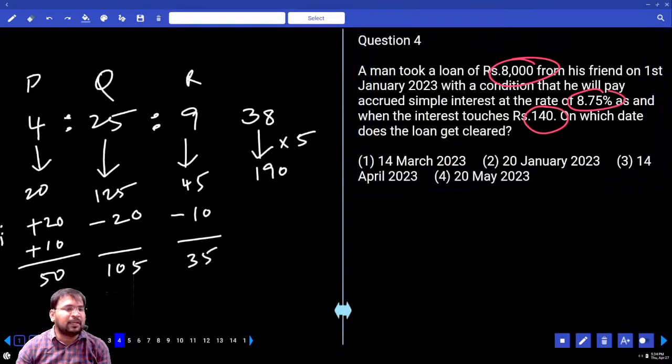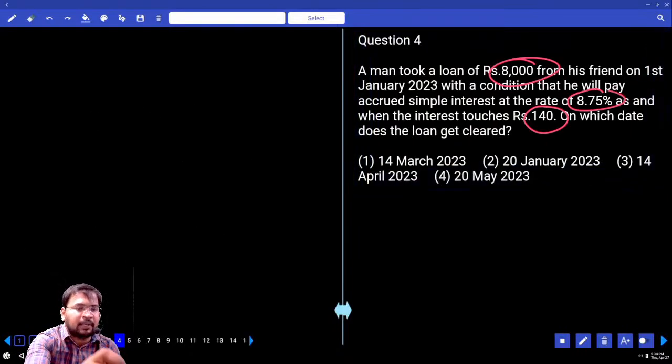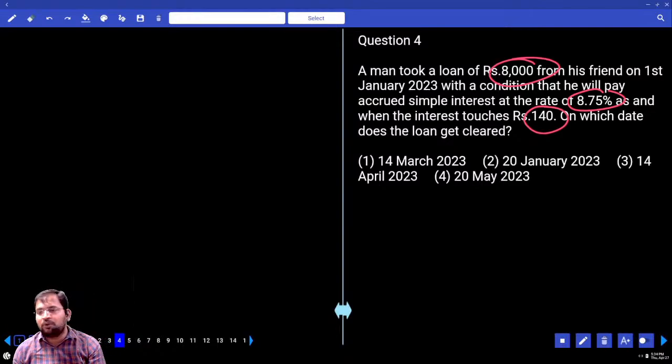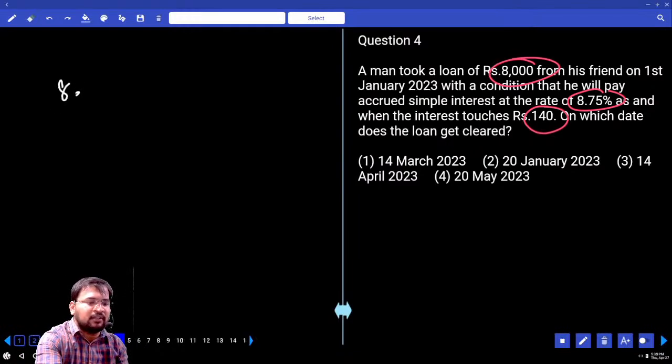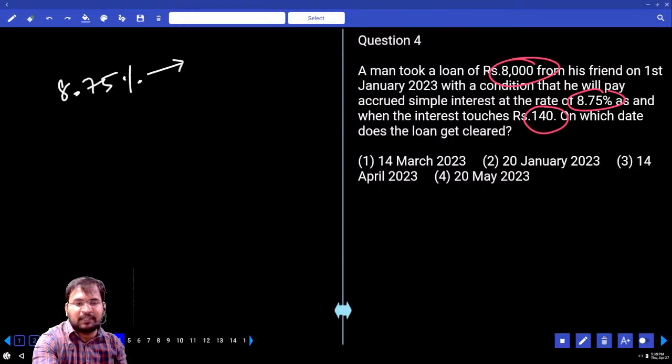They are simply asking for the time period. So he took the loan on January 1st, and we know the principal, the rate of interest, and the interest: 140 is interest.